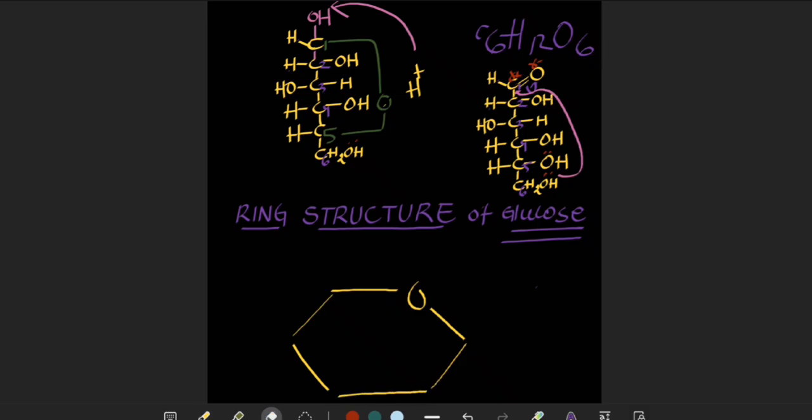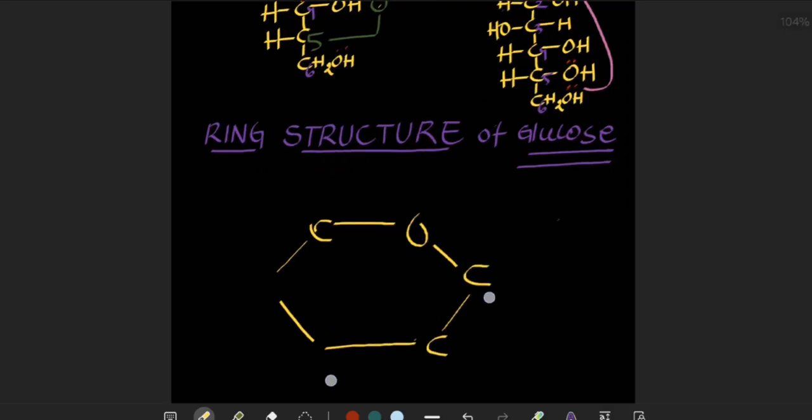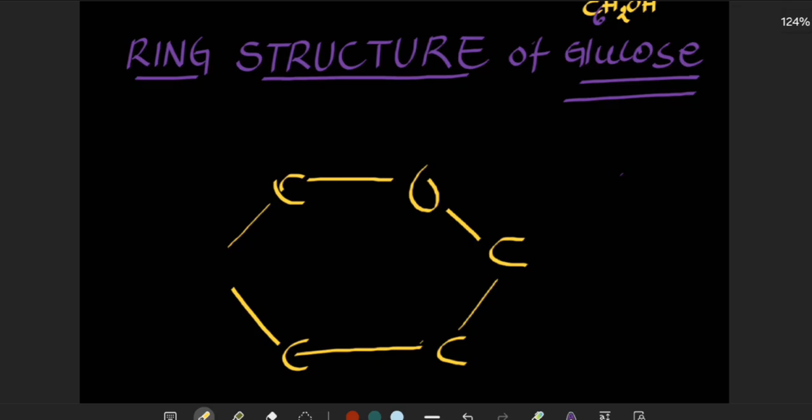Now I'm just gonna draw carbon over here because all these positions are filled with carbon, right? Carbon. This is also carbon. This is also carbon. This is also carbon. This is also carbon, right?